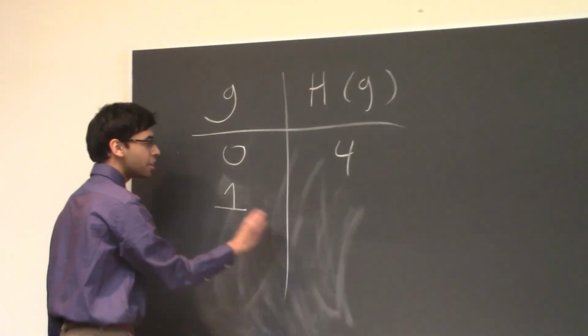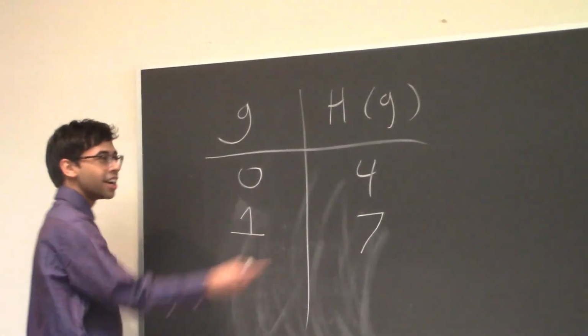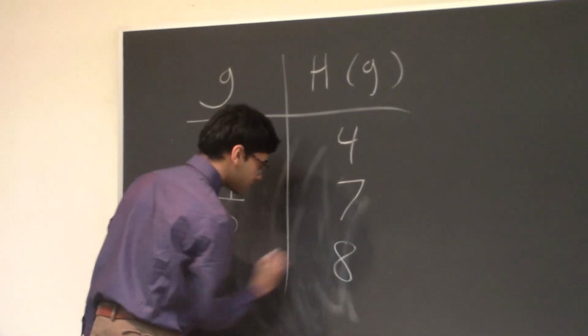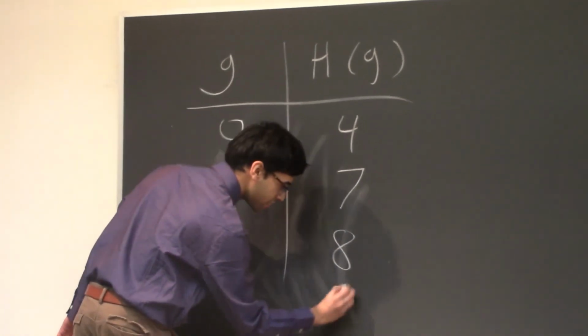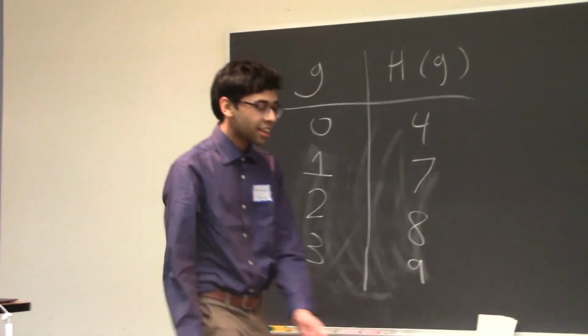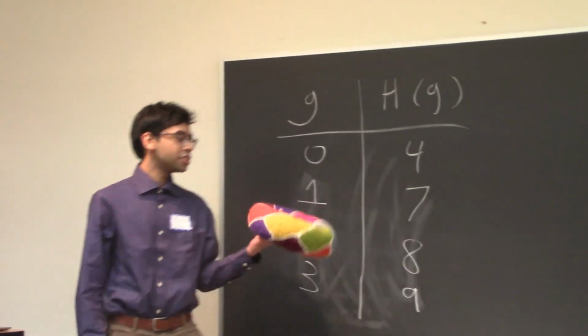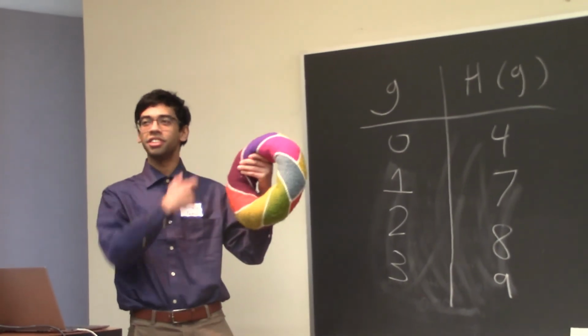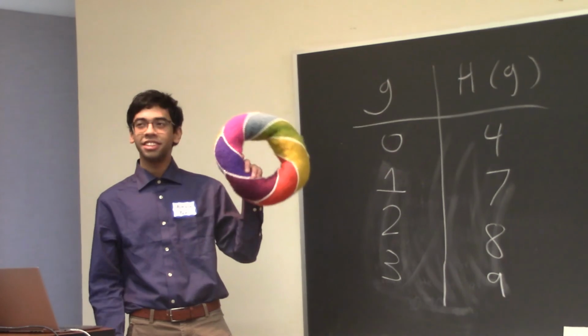For genus 1, you have 7 faces, just plugging it into that formula. For 2, you have 8 faces. For 3, you have 9 faces. Right? So what this tells us is that on a genus 1 surface, you should be able to find a map with 7 colors such that every color is adjacent to every other color. And here is an example.